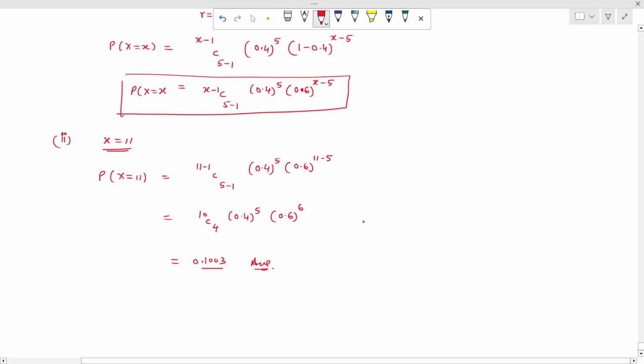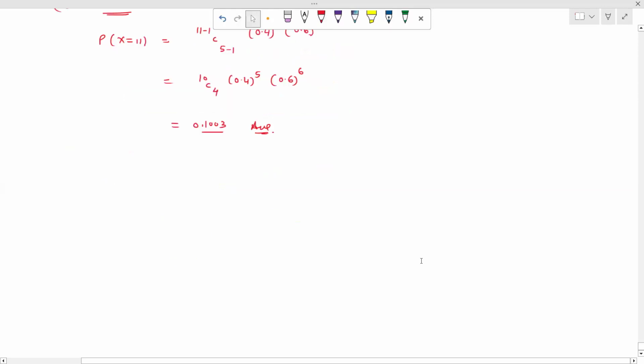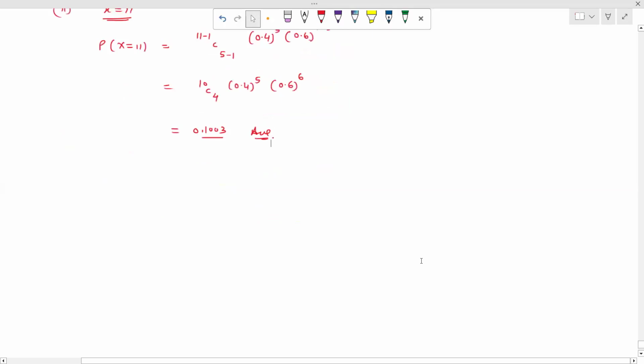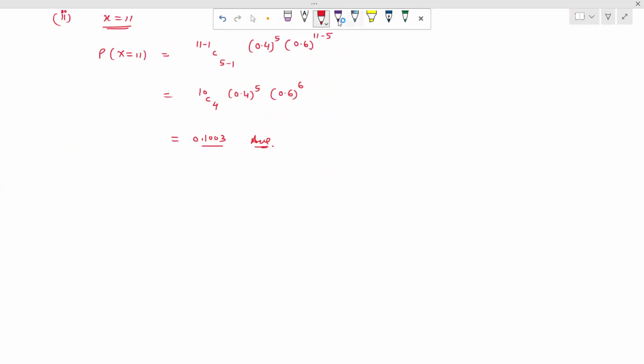Now we can take another example also. Next example is: an item is produced in large number. An item is produced in large number.